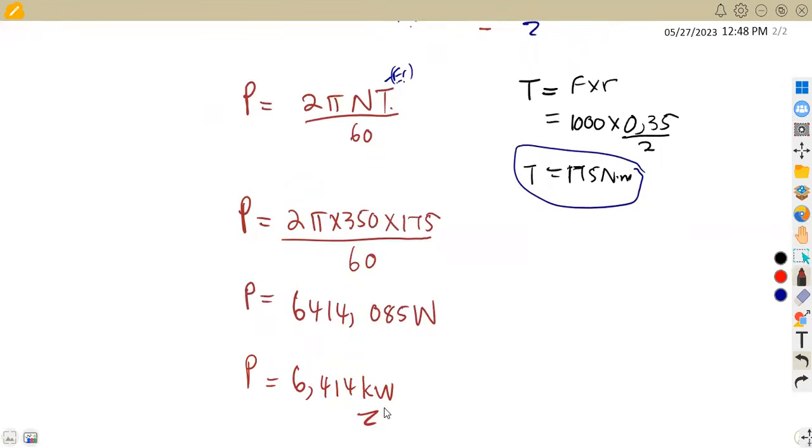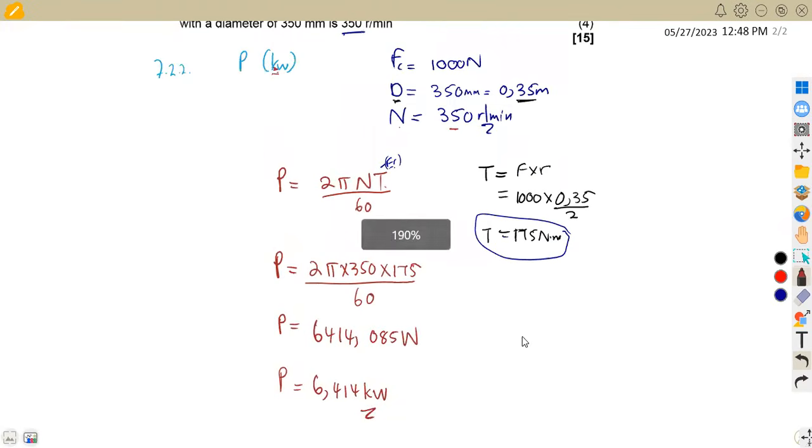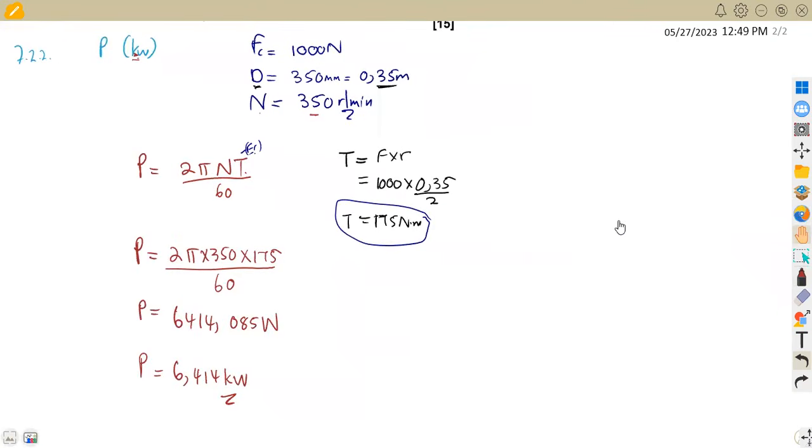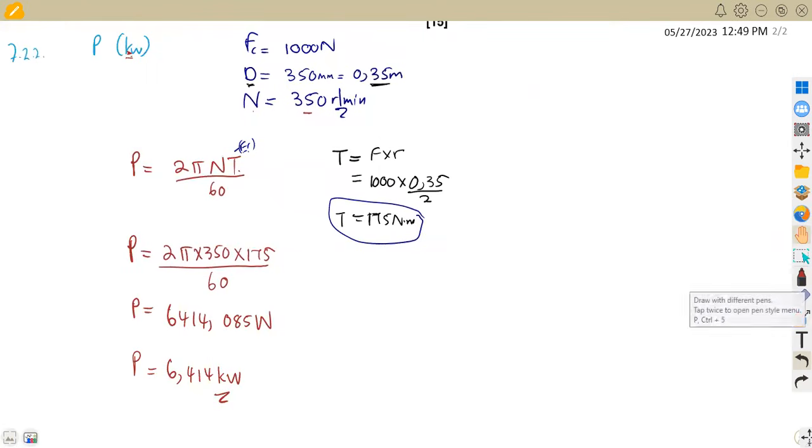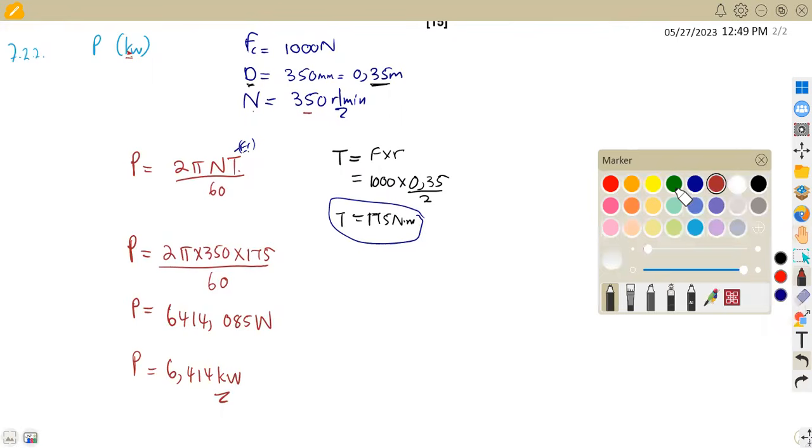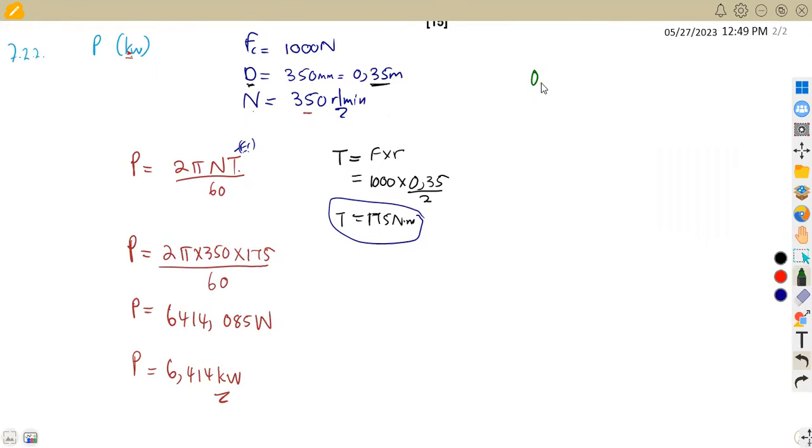Okay, but also remember that power is also a product of force and velocity. Remember that. Actually, we can use this force times velocity. But where can we have the velocity, this part now, the velocity? Where can we have this from? Okay.